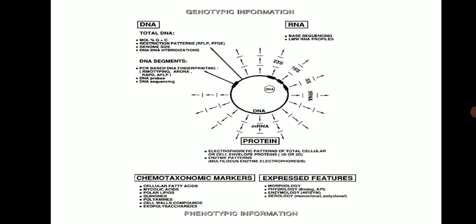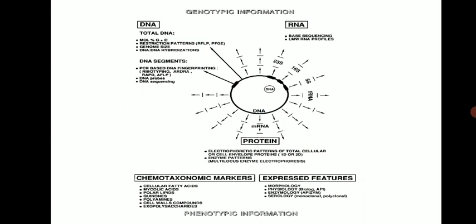Then in the case of proteins, protein based techniques of microbial identification include electrophoretic patterns of total cellular or cell envelope proteins. Electrophoretic techniques include first dimension and second dimension. Then some techniques are based on enzymes, and include multilocus enzyme electrophoresis. So all these techniques are based on protein.